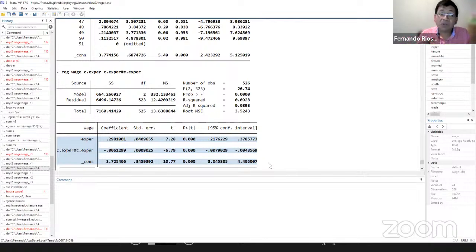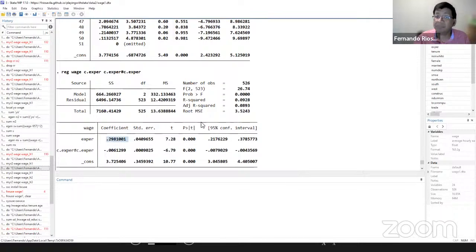Because now we have a more complex model that includes both a linear and a quadratic term, just looking at a single coefficient might be misleading. For instance, this 29 cents increase, it might be the case that that's true, but only for the very first year of experience. For the second year of experience, there's going to be a different effect. For the third year, a different effect, etc.